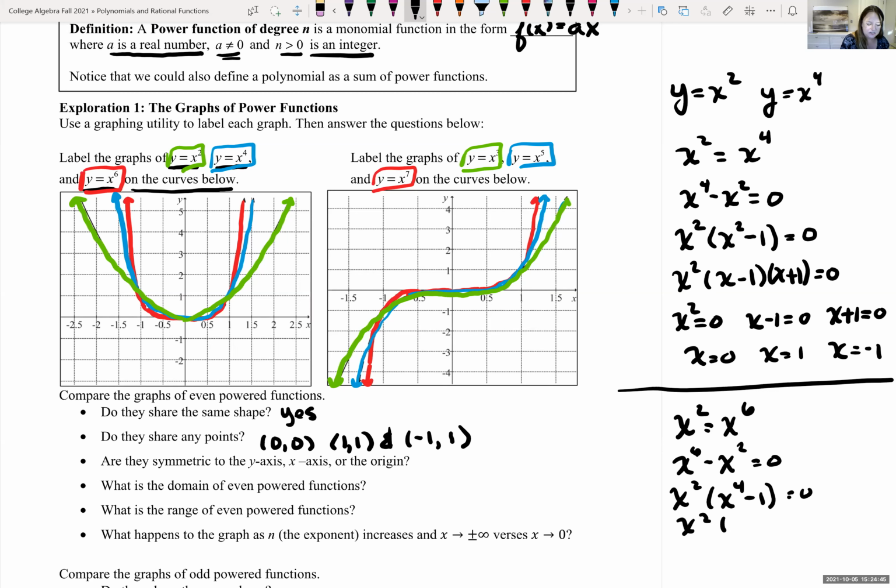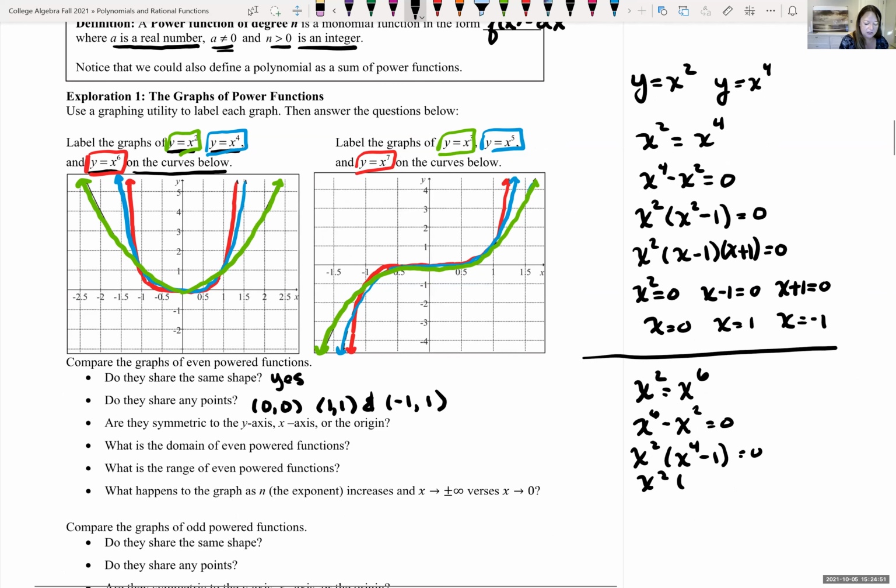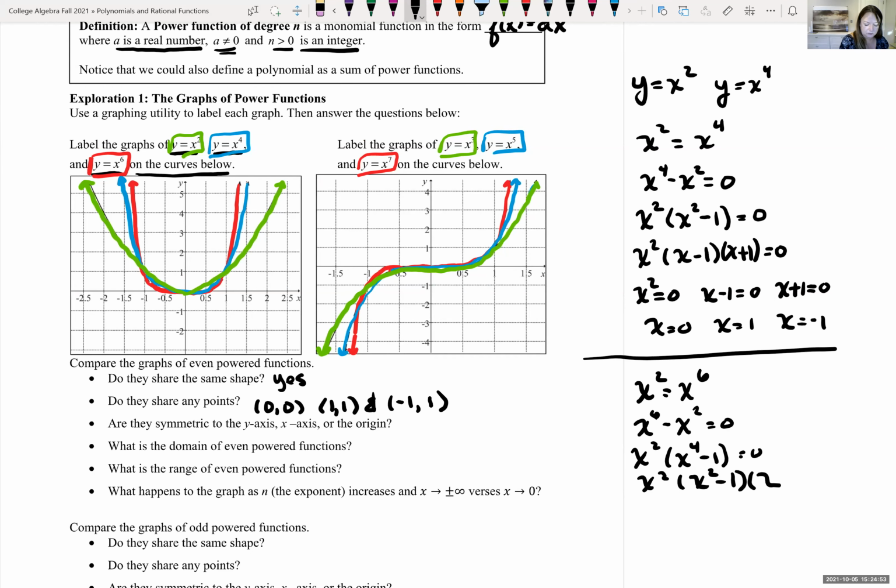We have a difference of squares. This is x squared minus 1 times x squared plus 1 equals 0. Well, x squared minus 1 is a difference of squares again. So x minus 1, x plus 1, and x squared plus 1 equals 0.